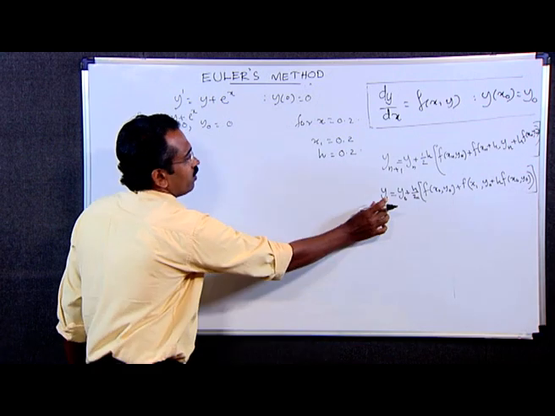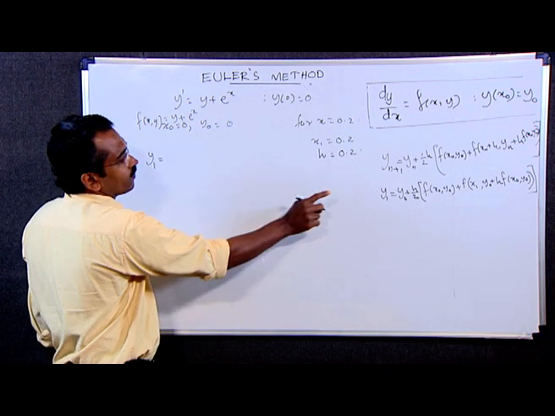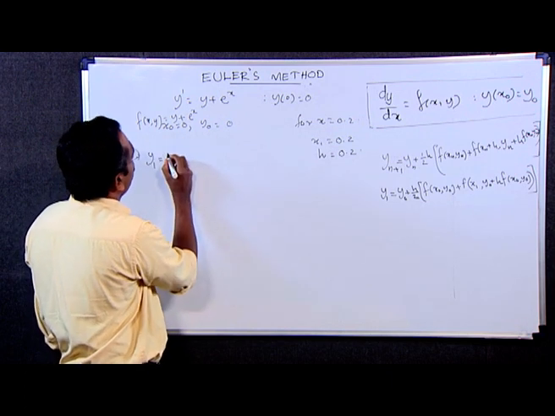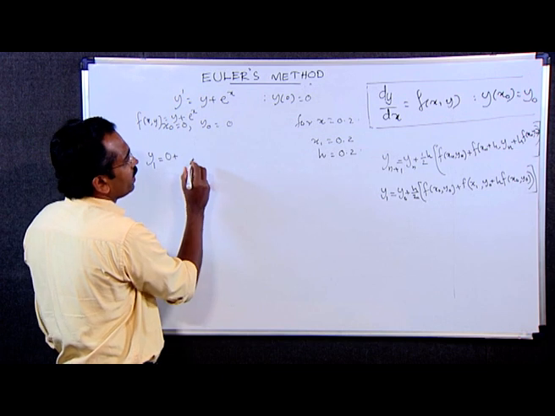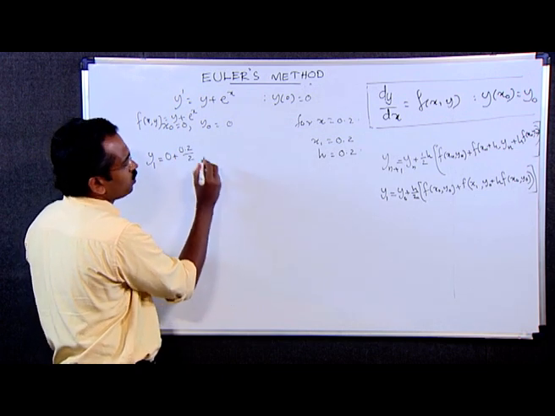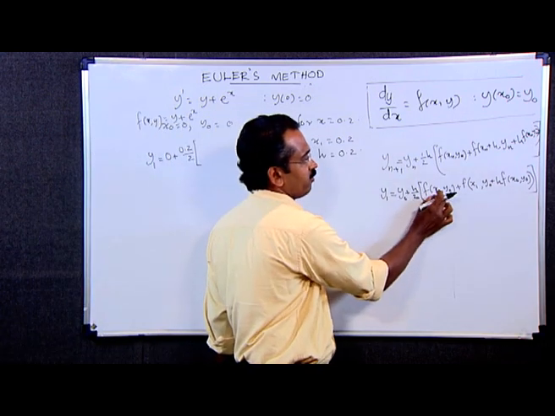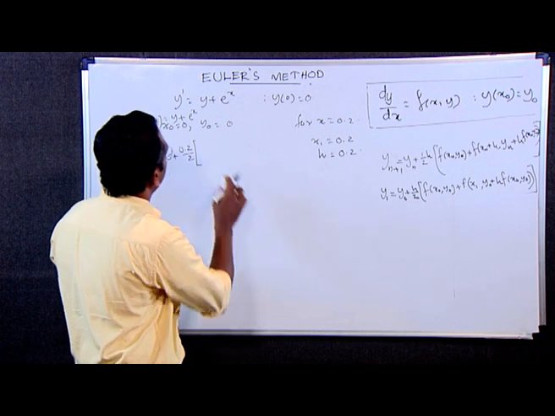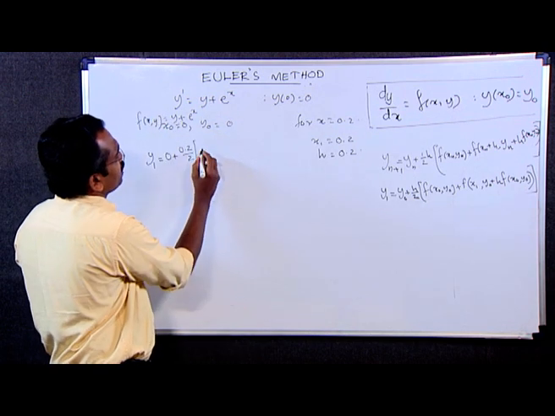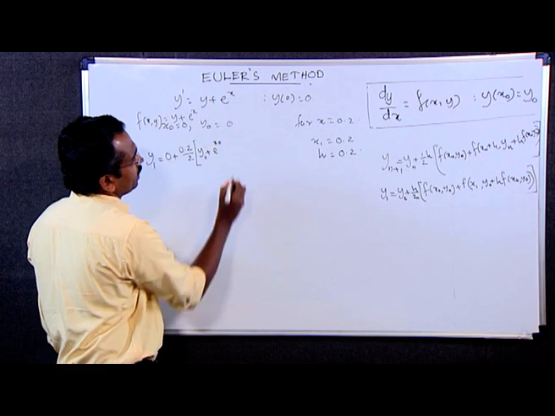Therefore, we get y1 as y naught is 0 plus h is 0.2 divided by 2 into f of x naught y naught. F of x naught y naught means y naught plus e raised to x naught.